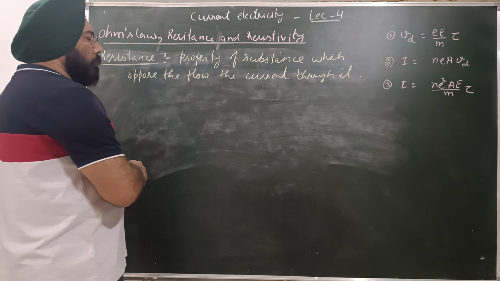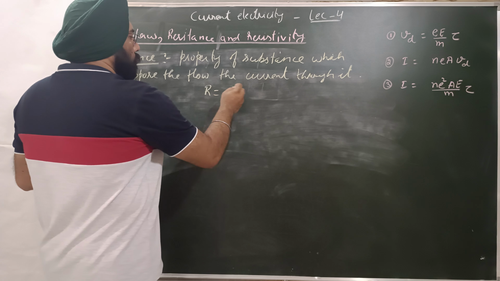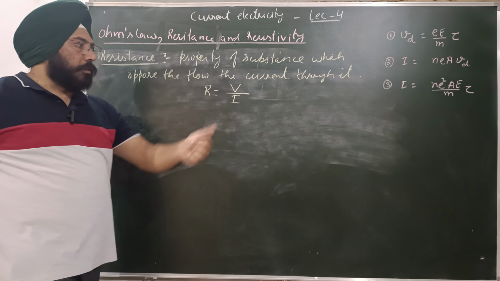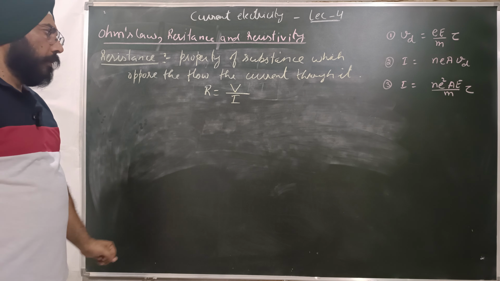And we have also seen that R is equal to the ratio of the applied potential difference to the current flowing through a conductor.